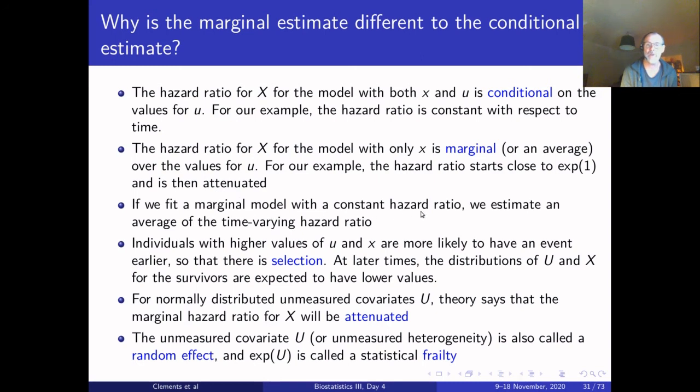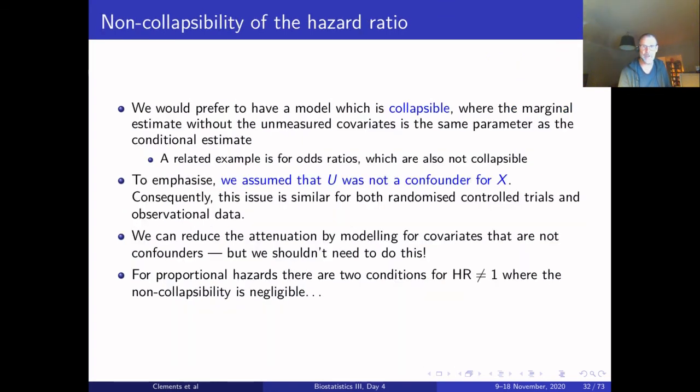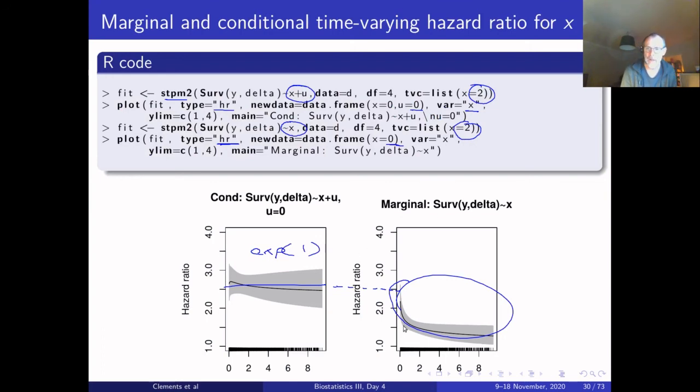If we fit a marginal model with a constant hazard ratio, then we estimate an average of the time varying hazard ratio. So if we go back to here, if we actually averaged across those, we'd probably get a value here, which I think is actually close to exponential of 0.5, which is actually what we estimated.